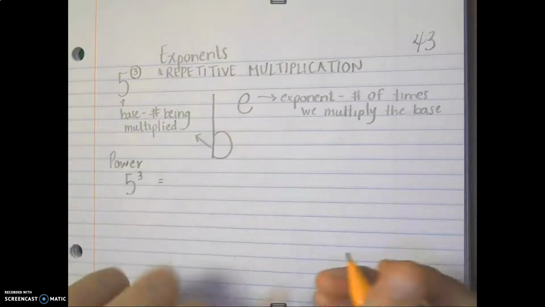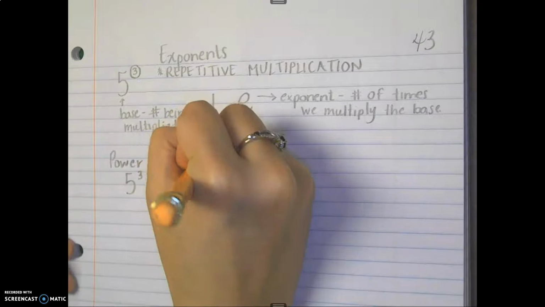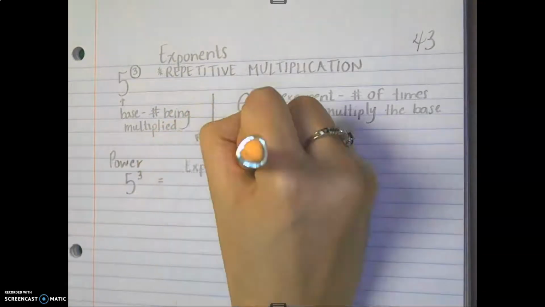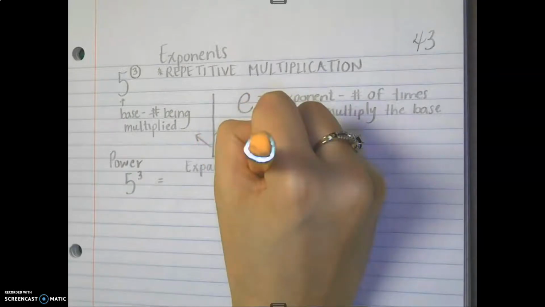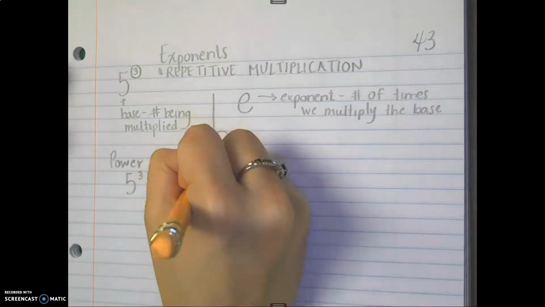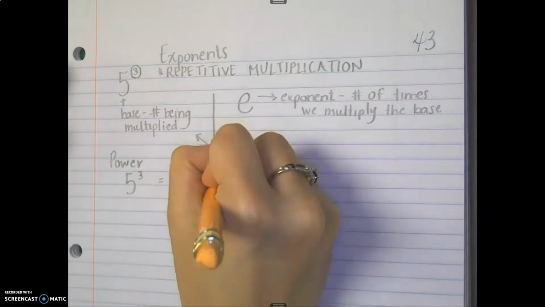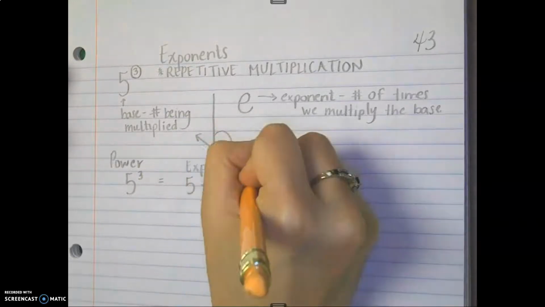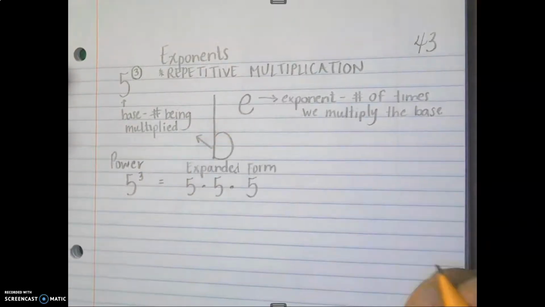We're going to write it out in expanded form that shows our repetitive multiplication. So we will have 5 multiplied by 5 and 5.